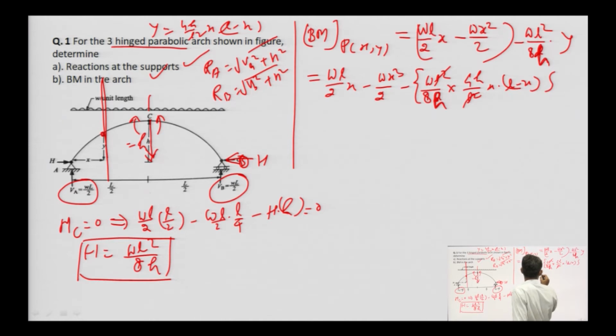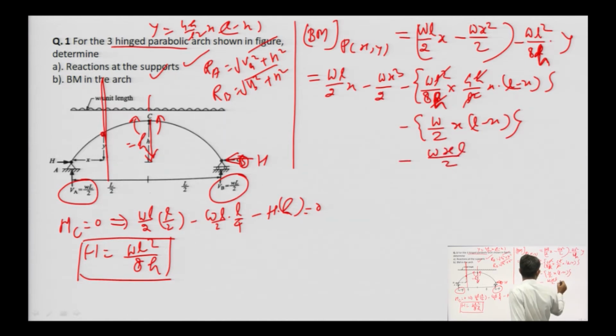What is remaining is W, and h also cancels out, for W upon 2 x (L minus x). So, it is minus WxL by 2 plus Wx square by 2.